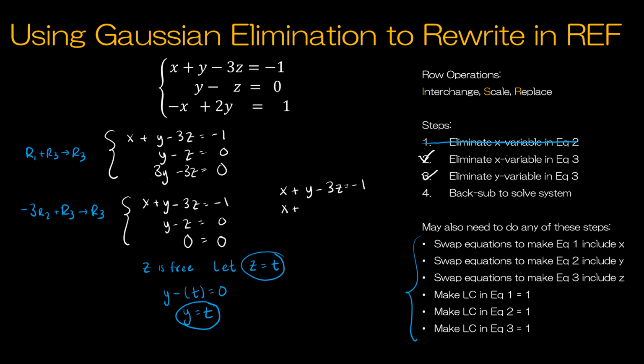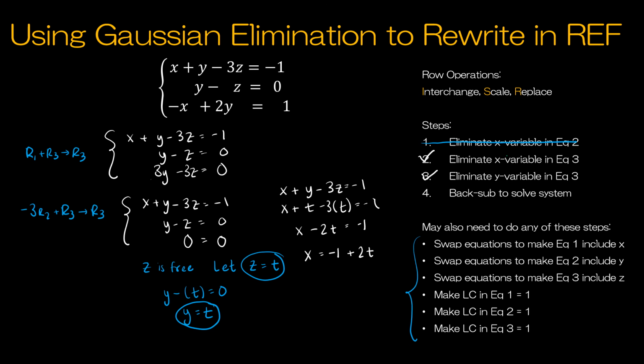X plus y is t, minus 3 times z is t. So I have x plus, minus, I have plus 1t and minus 3t, so minus 2t is equal to -1. And then I'm adding 2t to each side, so I have -1 plus 2t.